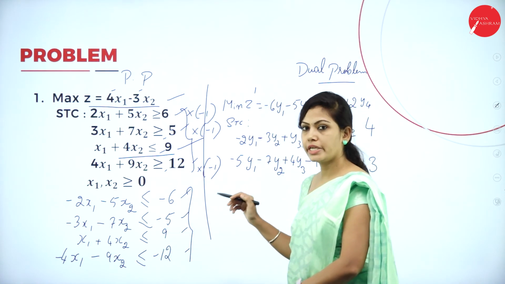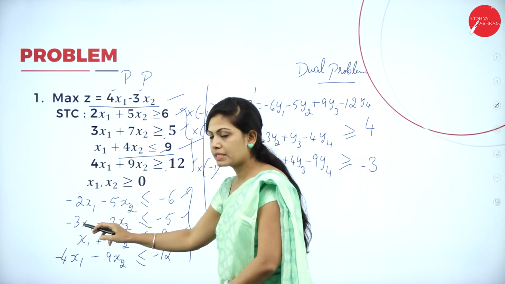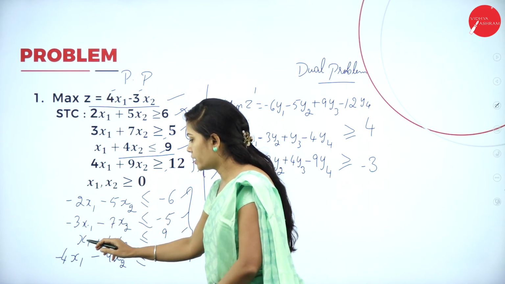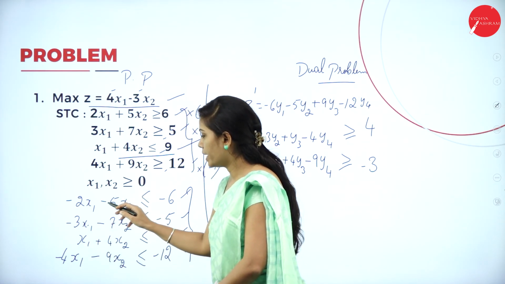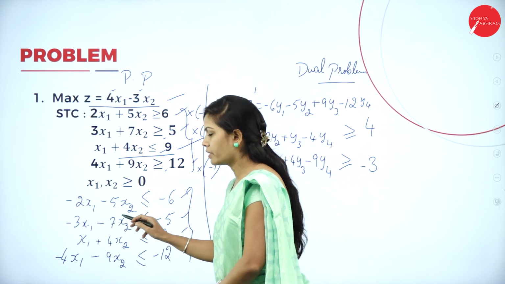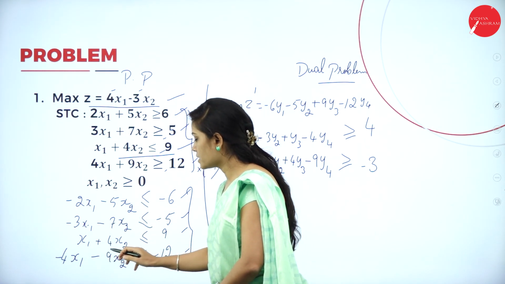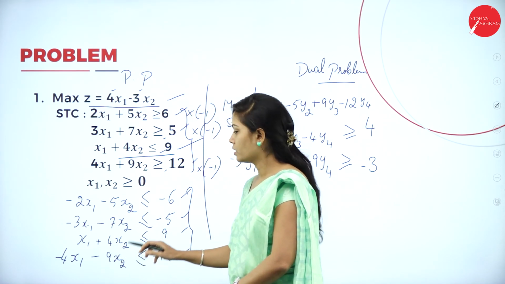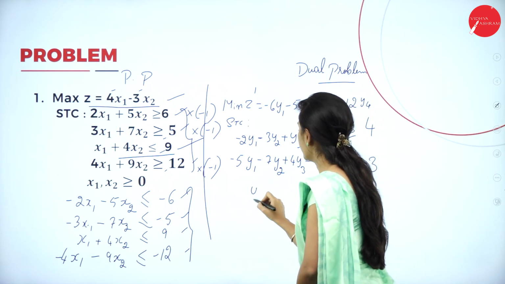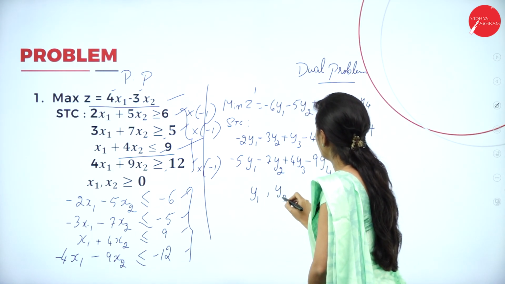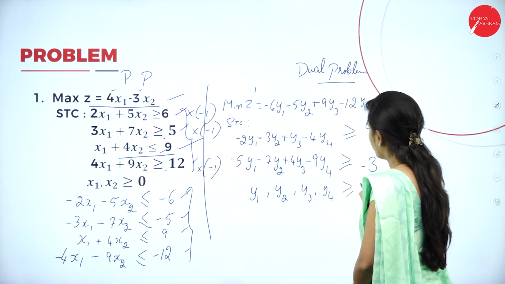Subject to constraints, all the columns will become row values: minus 2y1 minus 3y2 plus y3 minus 4y4 is my row. And again minus 5y1 minus 7y2 plus 4y3 and minus 9y4. So this is my constraint value. Finally I'll write y1, y2, y3, y4 greater than or equal to 0.